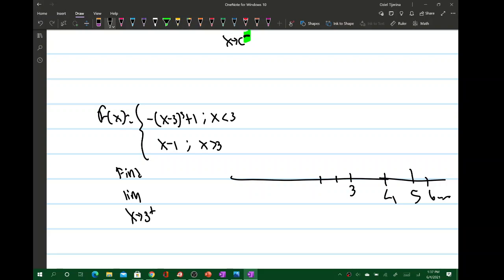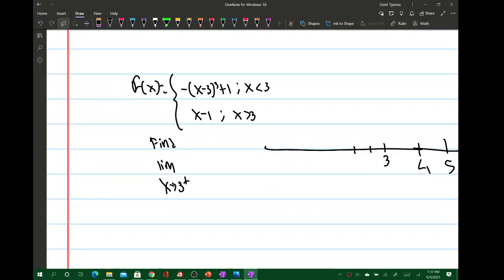Basically, as x approaches 3 from the right, let's pretend that I do 3.1, and I say, okay, what is 3.1 minus 1?